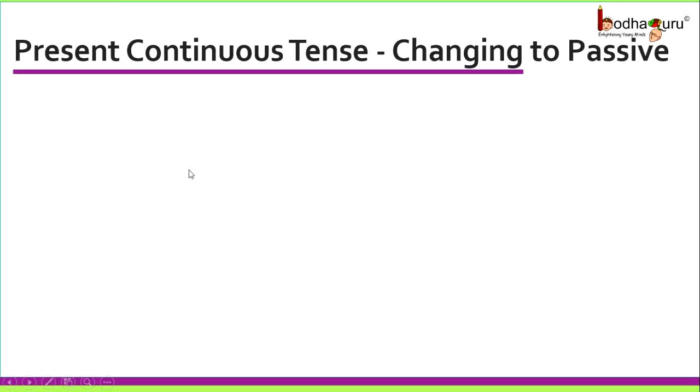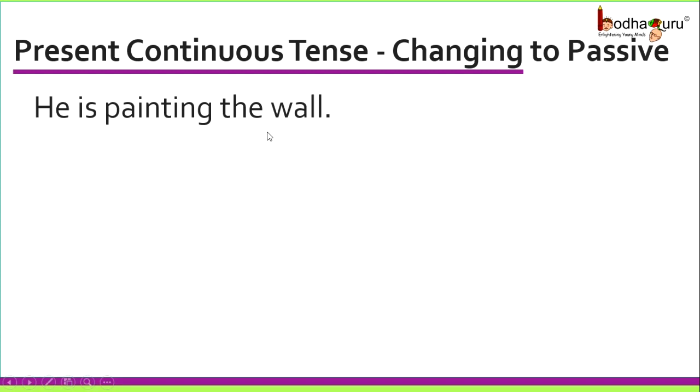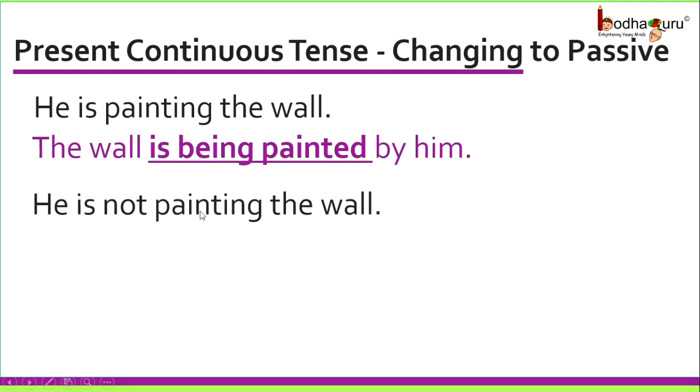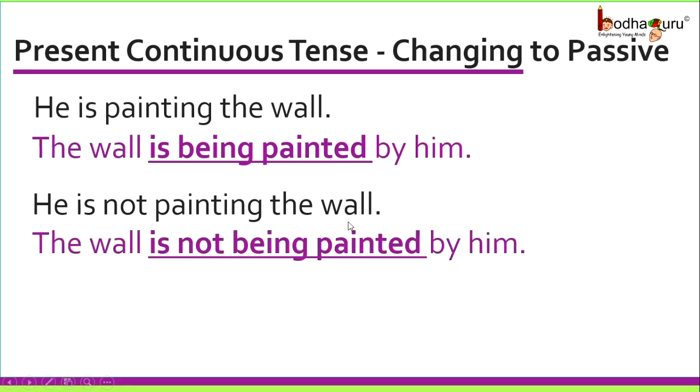Let's take more examples. He is painting the wall. How do we change it to passive? The wall is being painted by him. Another sentence. He is not painting the wall. How do we change it? The wall is not being painted by him.